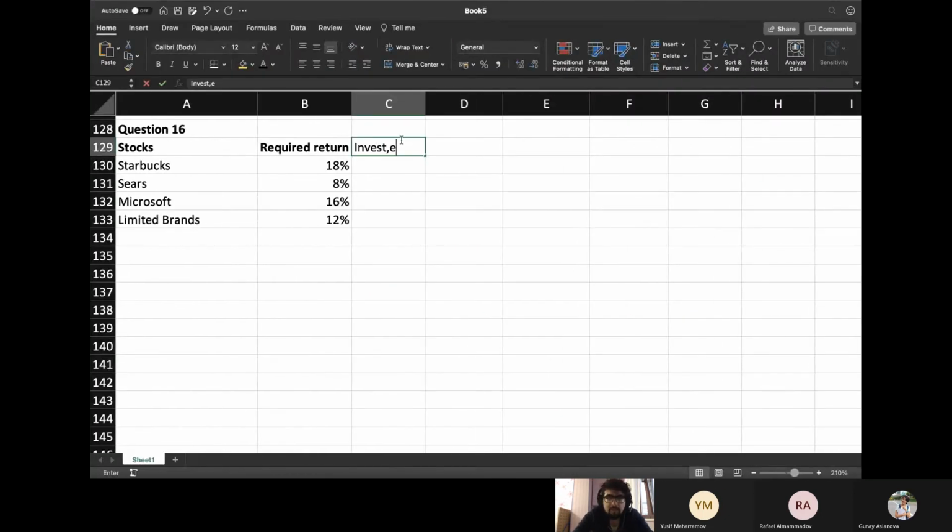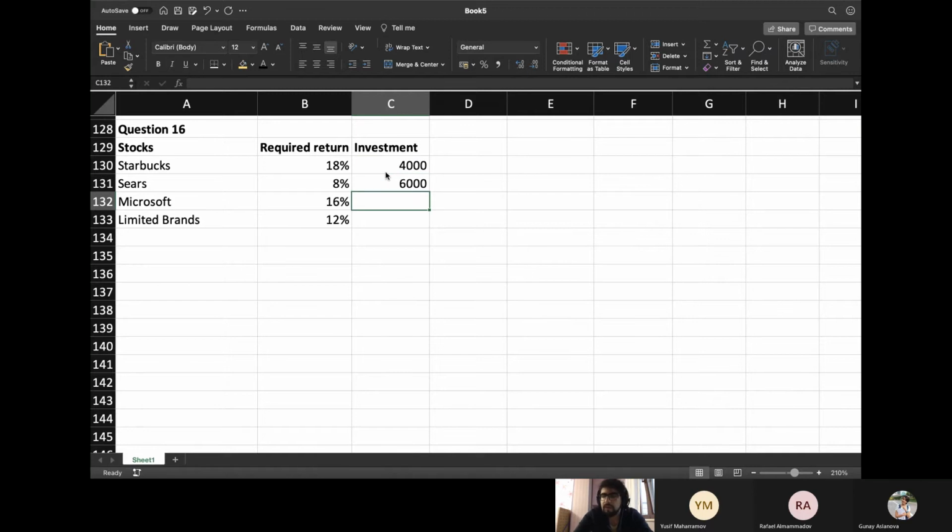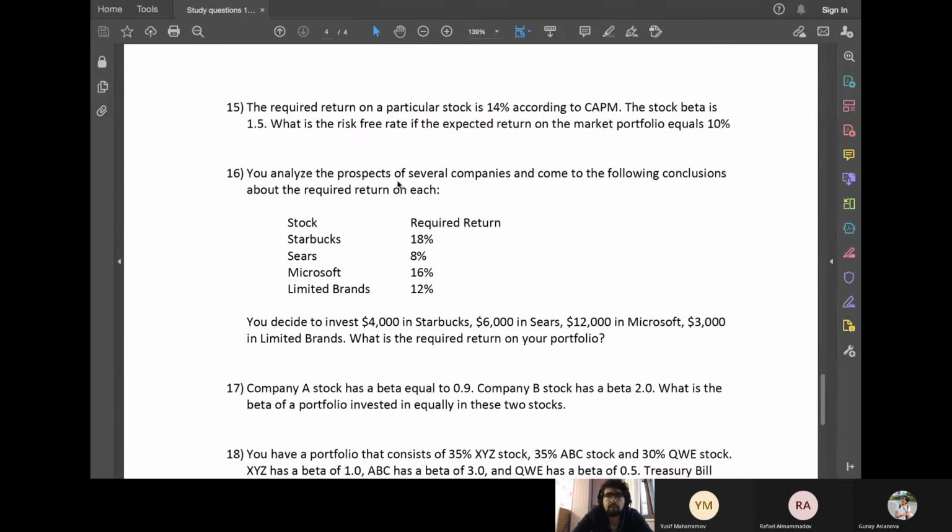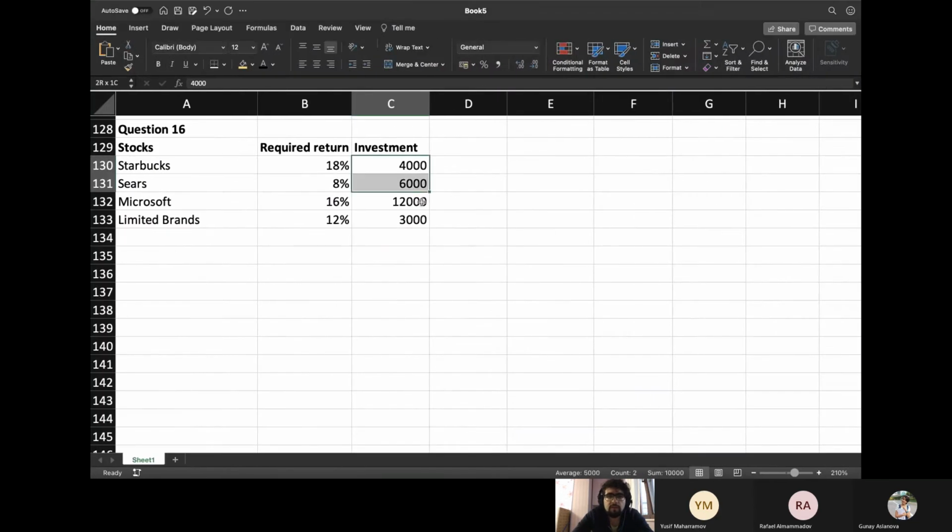Our investments are presented in dollar terms.